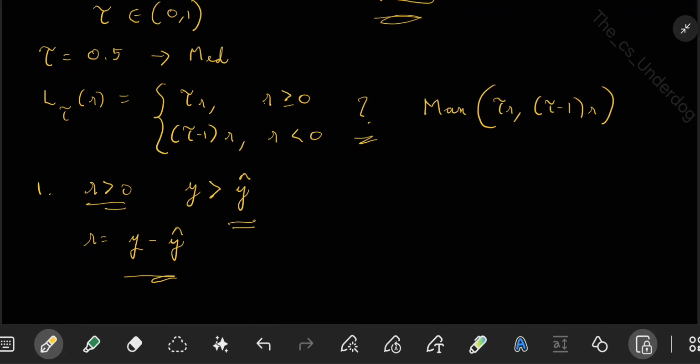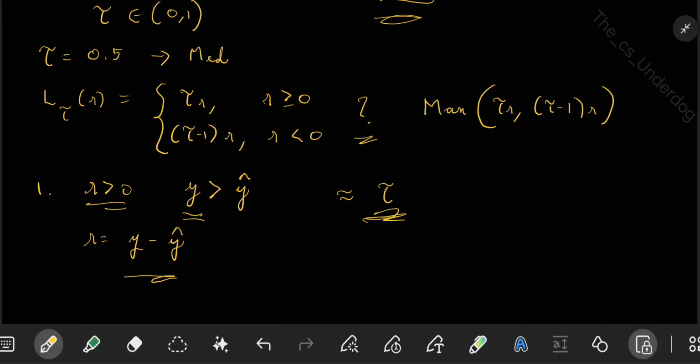Your prediction was smaller, right? Whatever you predicted as y cap, that value was smaller than the expected value y. So your penalty will be proportional to tau. Whatever penalty you are going to apply will be proportional to the value tau, because you are trying to find whatever percentile is mentioned in tau.